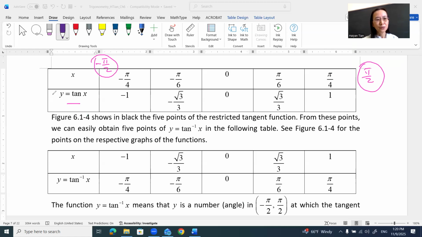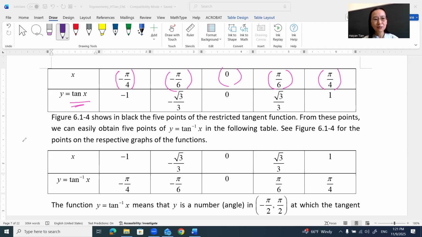So we pick x values bigger than negative half of pi and smaller than positive half of pi. At each one of these x, we can find the corresponding tangent x.